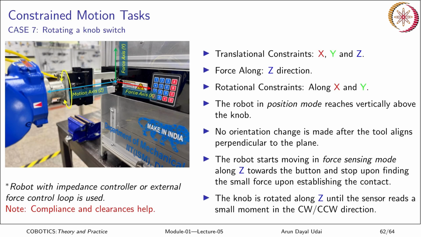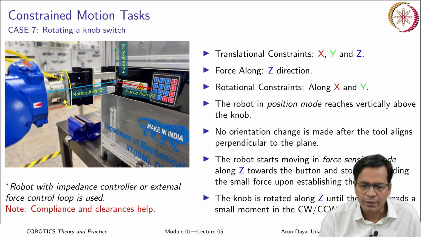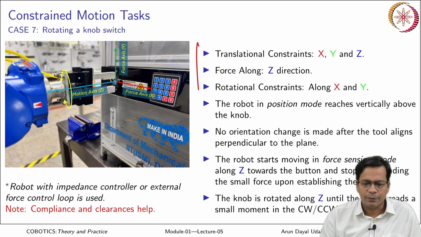Okay, the knob is now rotated about the Z axis until the sensor reads a small movement in clockwise or counterclockwise direction, whether switching it on and off. Okay. So, this is how these operations are done and these are the constraints.